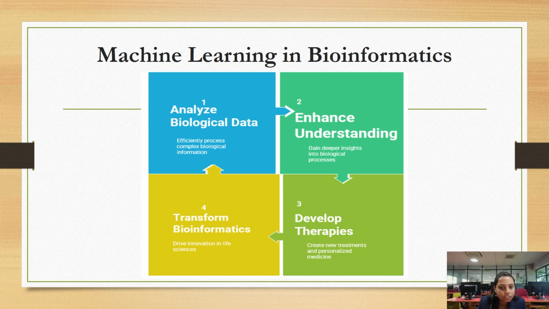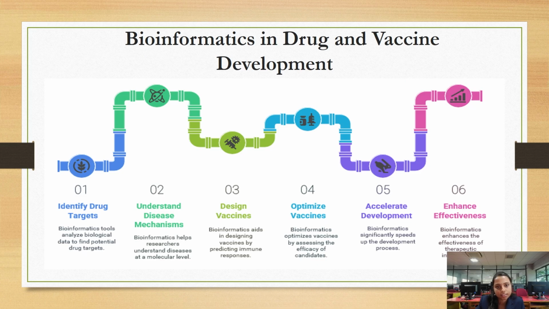Then we transform bioinformatics, applying the knowledge we have gained from computational techniques in science and innovation to develop a drug. Then comes development of therapies, where we create new treatments and develop new medicines, which really helps in drug discovery and in health-related disease.